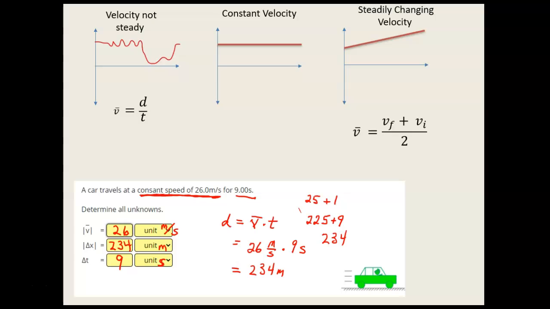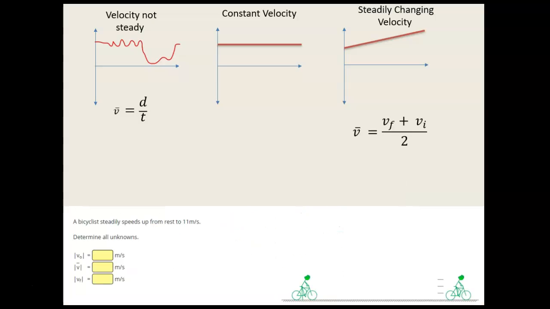All right, let's do another one. A bicyclist starts from rest. A bicyclist steadily speeds up from rest to 11 meters per second. Okay, so which situation do we have? Well, let's first see what we have here. From rest. From rest means from stopped.